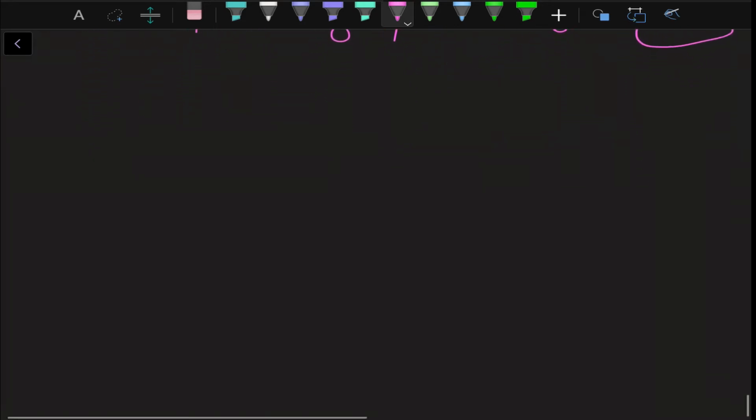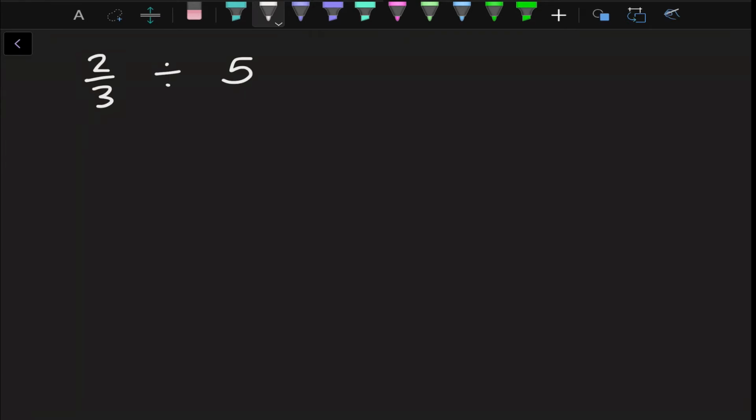Another example, 2 over 3 divided by 5. Now, just because this one isn't a fraction doesn't mean we don't flip it. Because we're dividing this fraction by something, whatever this something is, we have to flip it. So flipping this is just 1 over 5.